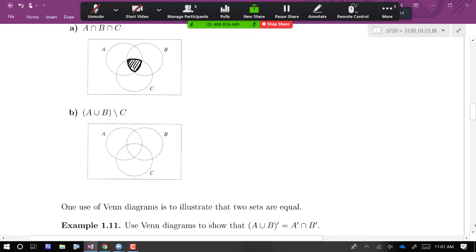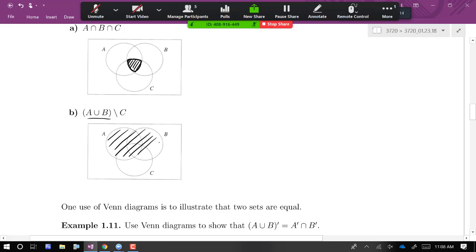And in part B, we want to shade the region that is represented by the set A union B, set minus C. Sometimes this involves a couple of operations, so sometimes I might go at it piecewise. Maybe I'll start with A union B. Well, that's the A and B circles all together, so I'm just going to start with that.